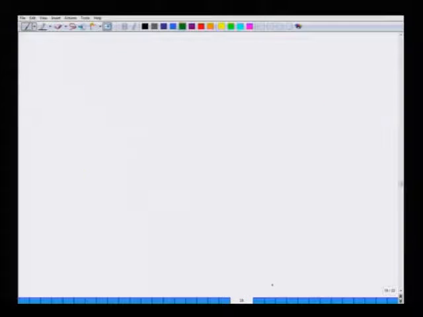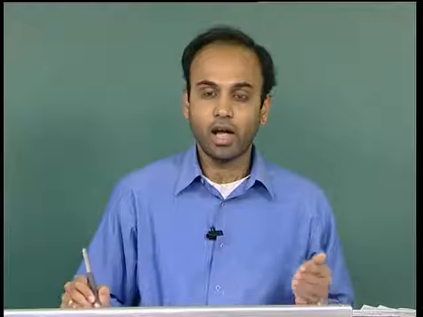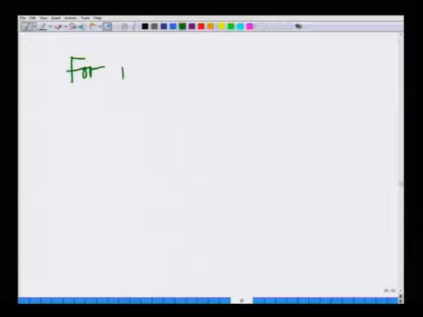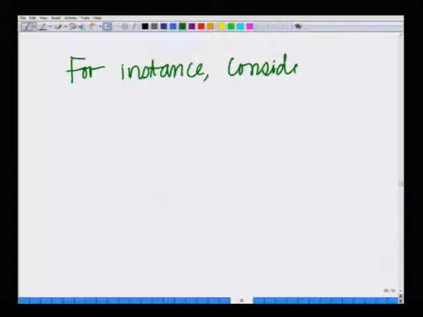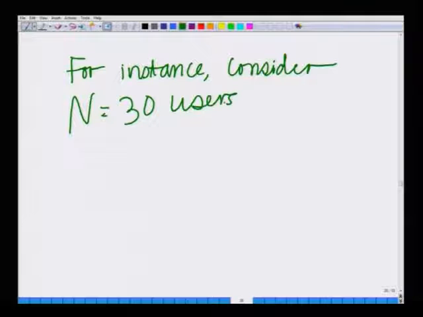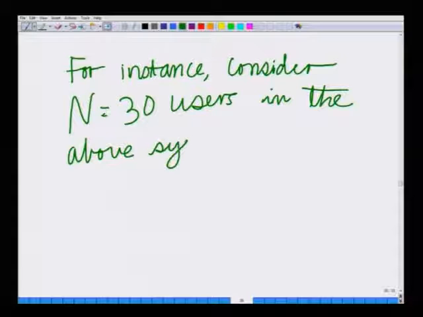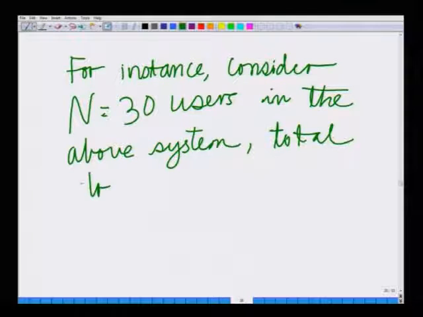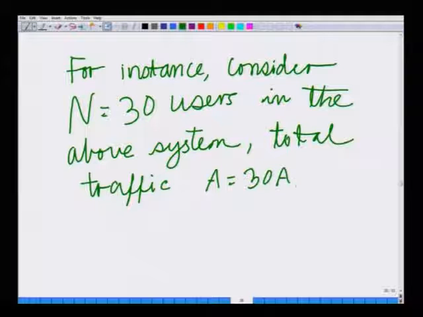Now, again to look at an example, for instance, consider n equals 30 users in the above system. The total traffic A equals 30 A naught.